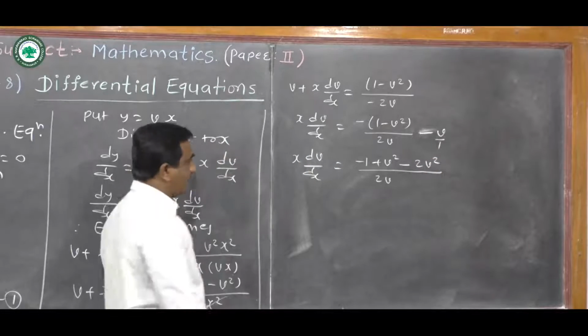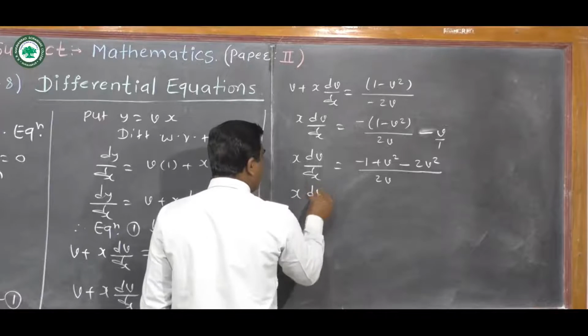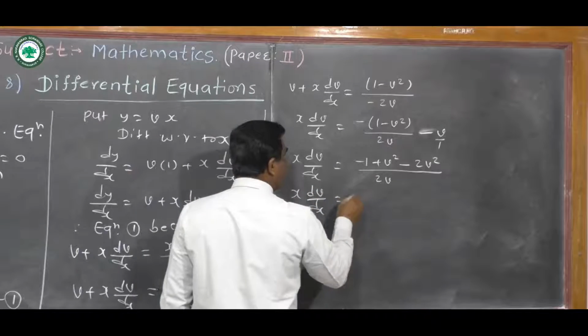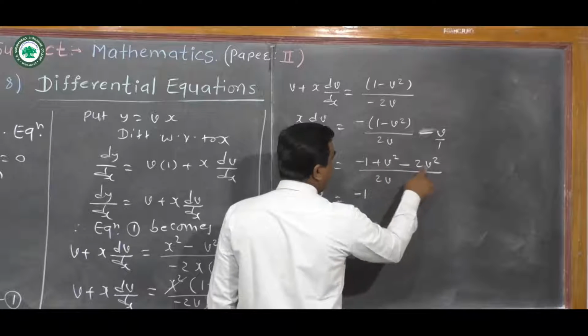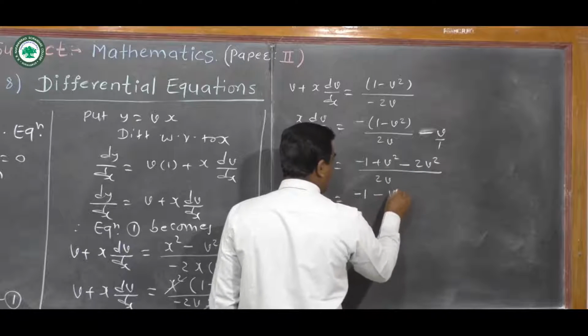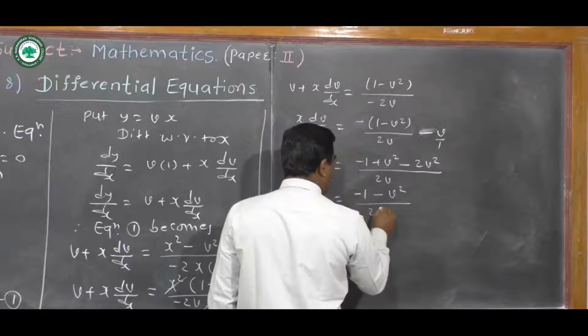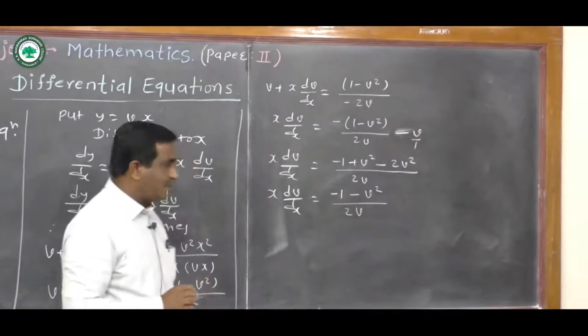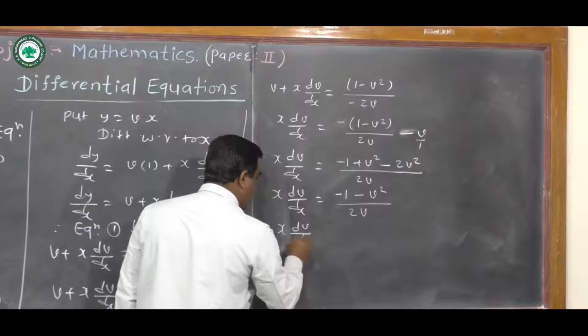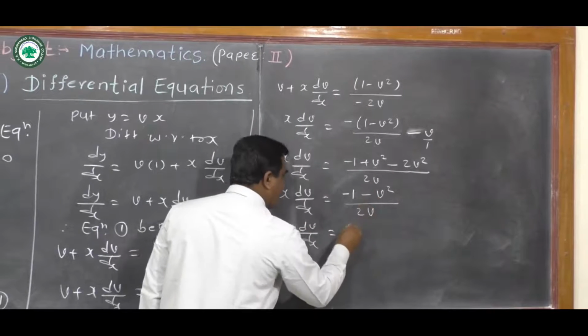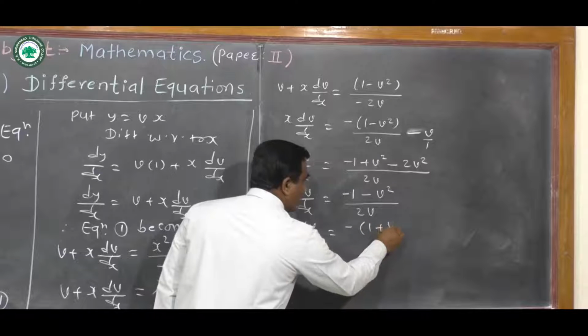Okay, that is x into dv by dx is equal to 1 minus v square minus 2v square upon 2v, that is minus 1 plus v square upon 2v, taking the minus sign common.